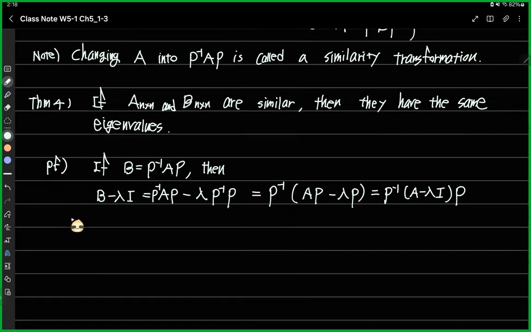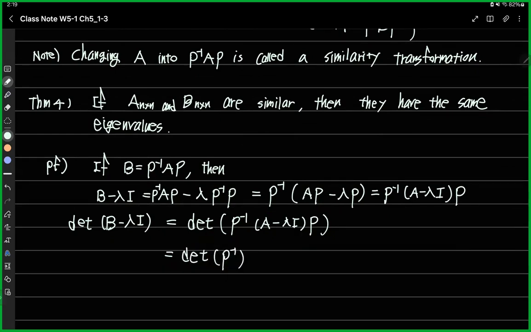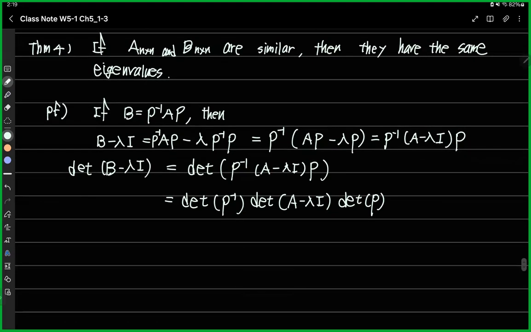So now we find the determinant of B minus lambda I. The determinant is equal to the determinant of P inverse times A minus lambda I times P. We can decompose that determinant as a product of determinants: the determinant of P inverse, the determinant of A minus lambda I, and the determinant of P. We can combine the determinants of P inverse and P, so this is equal to the determinant of P inverse P, times the determinant of A minus lambda I. So what's that? 1, right?